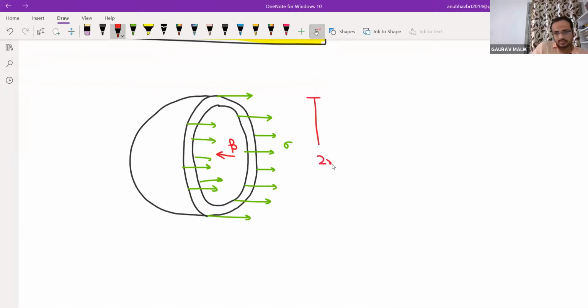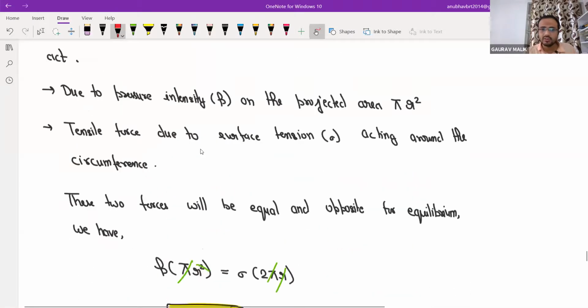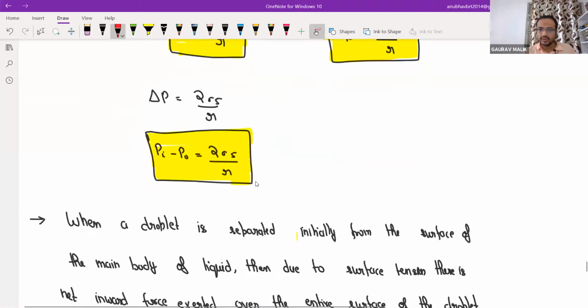And this is the diameter, or 2 times r. The only difference between this derivation and the previous derivation is that on this side, in place of P into pi r square, you will get sigma into 2 pi r into 2, because we have two free surfaces.